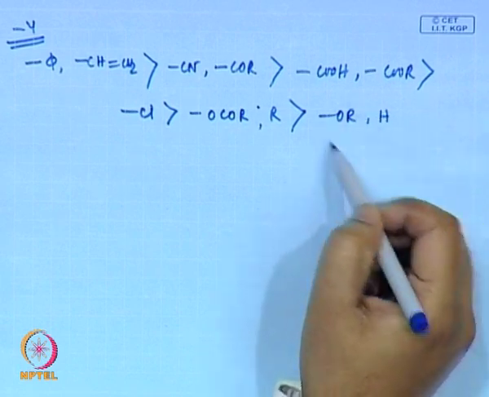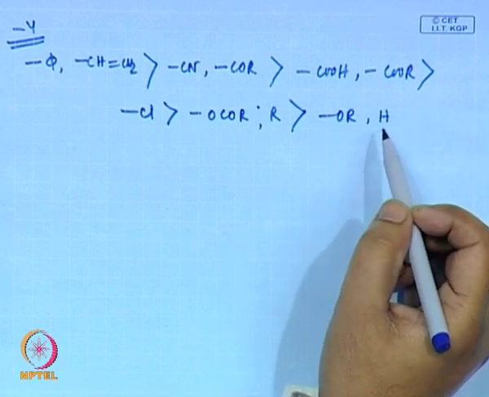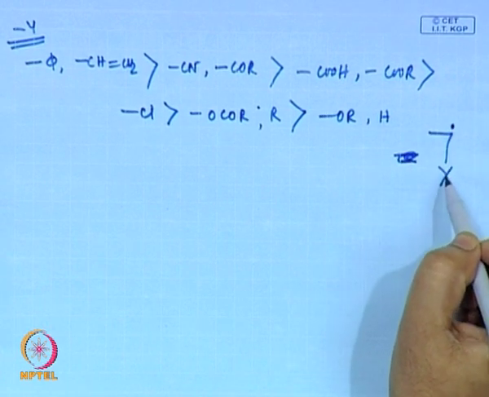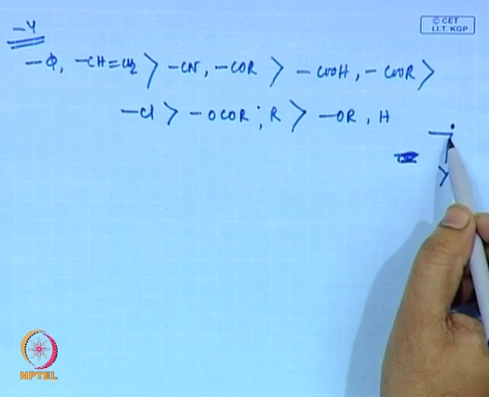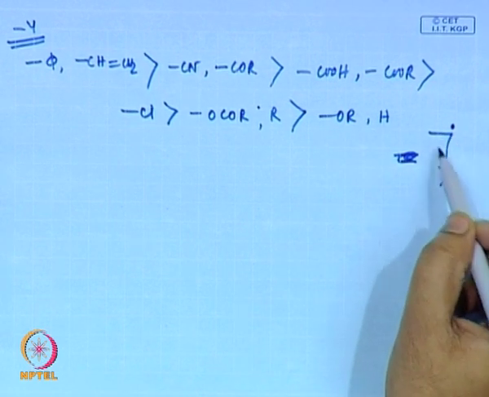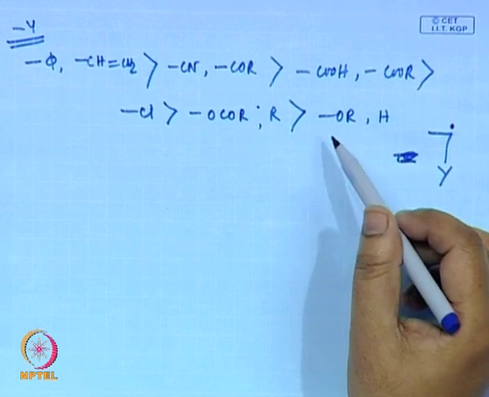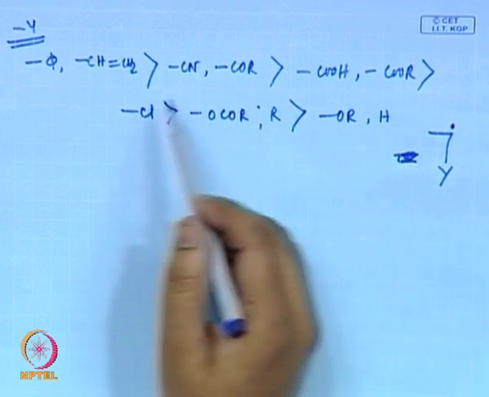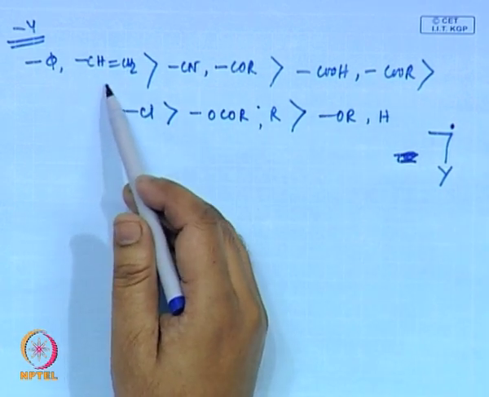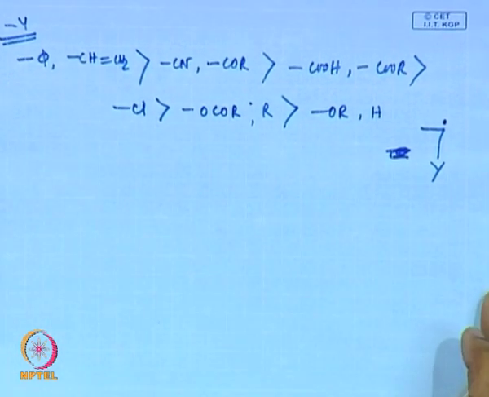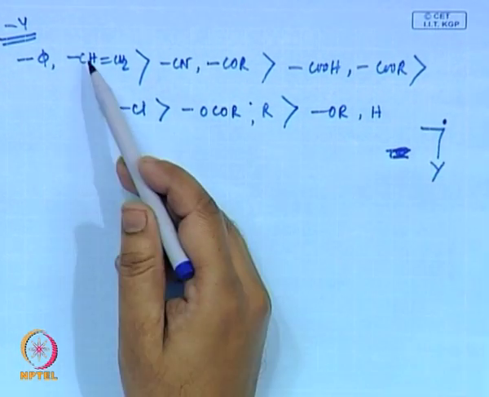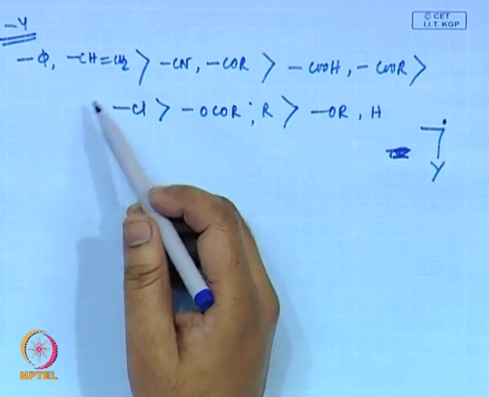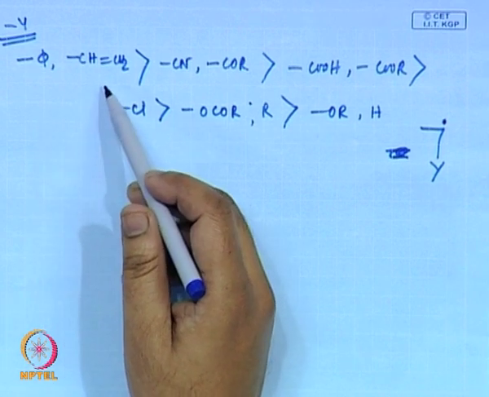In this case, if Y is H or Y is OR, that has the least ability to stabilize these radicals, so they have the least reactivity towards a particular polymer radical. Now, this other group has a very high ability to stabilize the radical, so they have a much higher reactivity towards a particular radical.